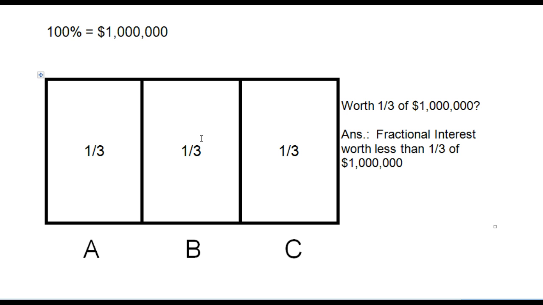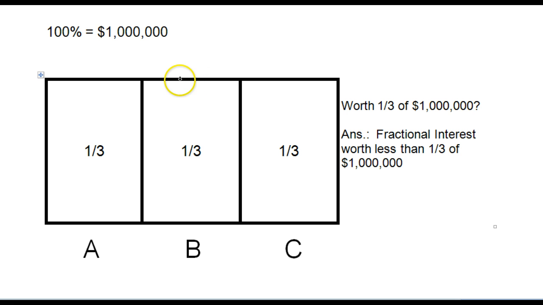So in this illustration, as you can see again, we have 1/3 of the interest that's held by A, 1/3 held by B, and 1/3 held by C. And the total value of this property is $1 million, as mentioned earlier.